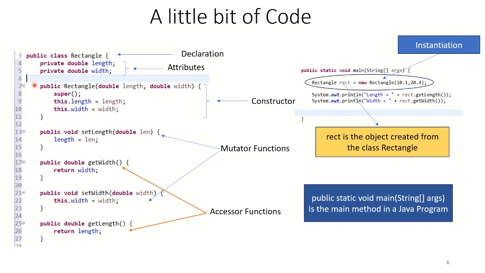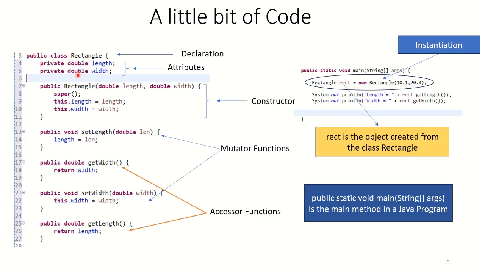Now it is a time for a little bit of coding. To the left of this slide, you can see a Java class called Rectangle. So we use the keywords public class, then the class name Rectangle to declare the class. You can immediately see the attributes length and width in line number 4 and 5.